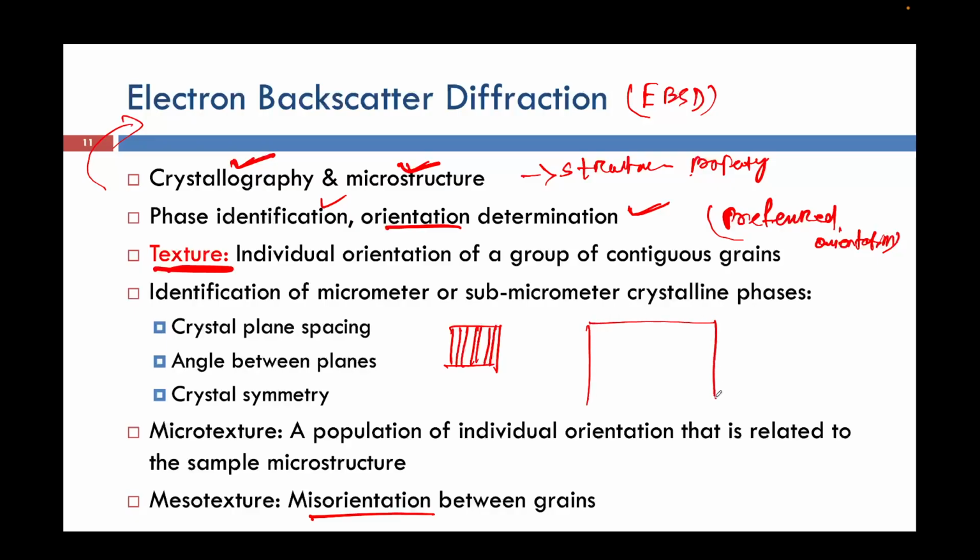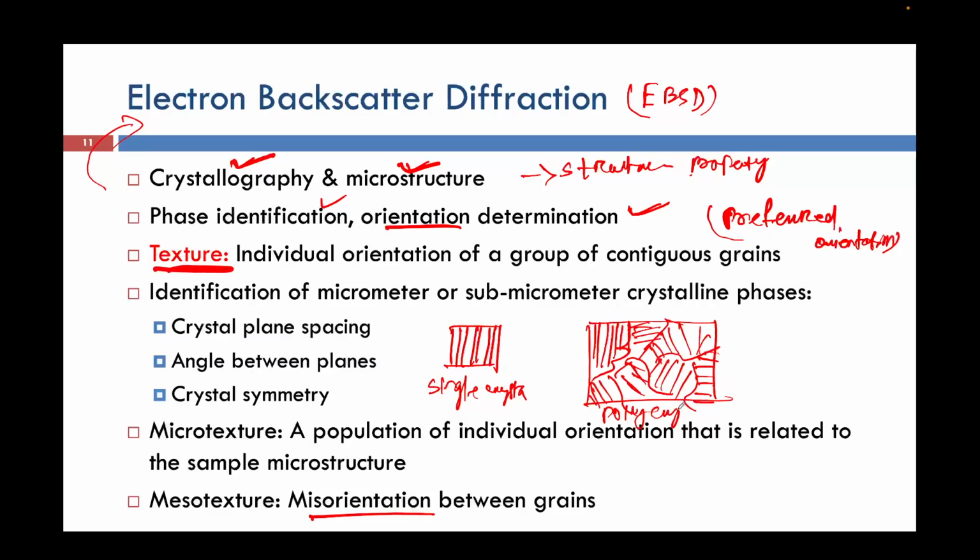This is a single crystal. In a polycrystalline material, some of the grains will be oriented like this, and another set of grains will be oriented randomly. So this is a single crystal and this is a polycrystal.